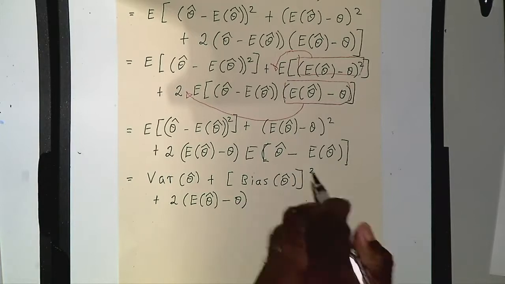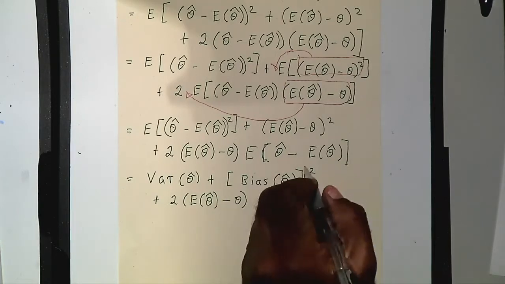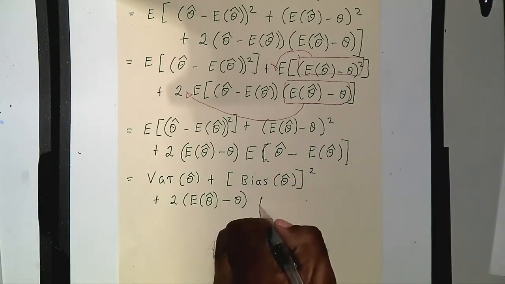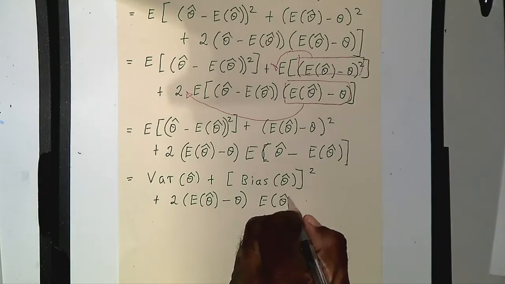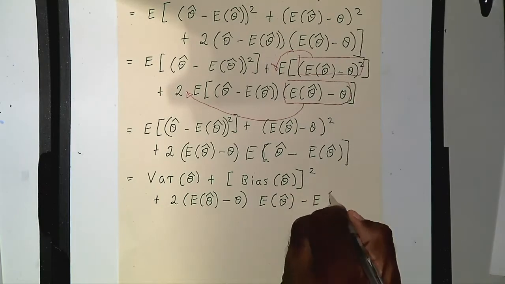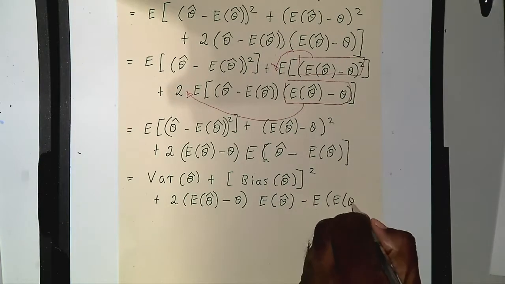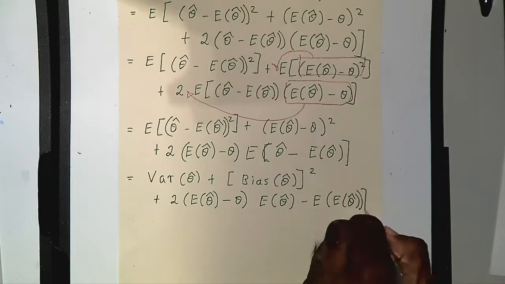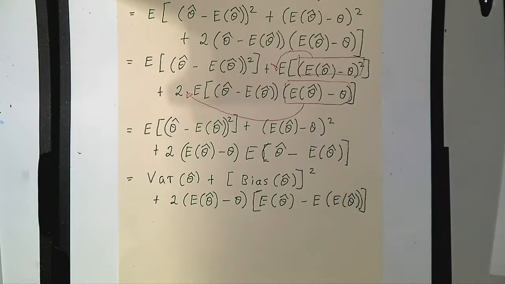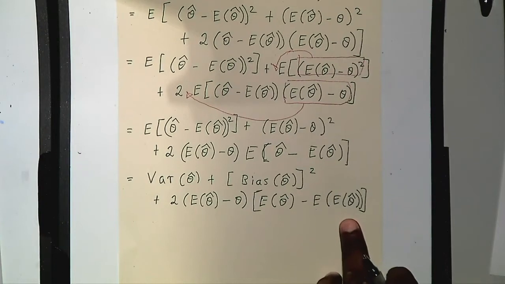Now, let's look at the third term. If you take the expectation inside the square brackets, you get the expectation of theta hat minus the expectation of theta hat. Now, the expectation of theta hat is a constant, right?